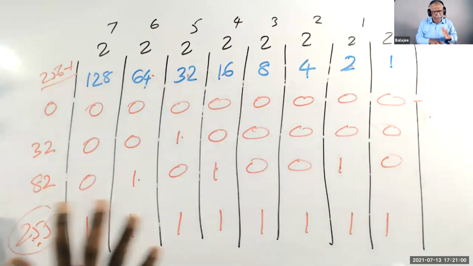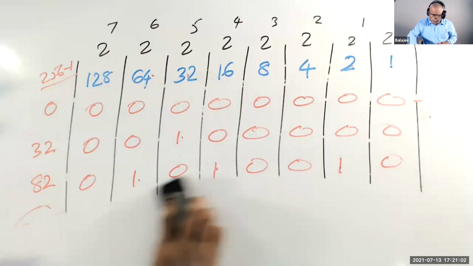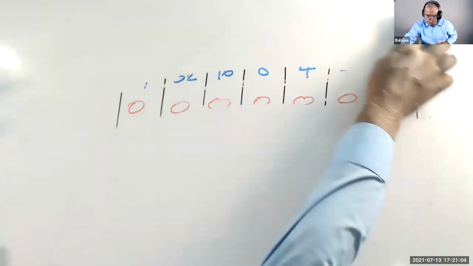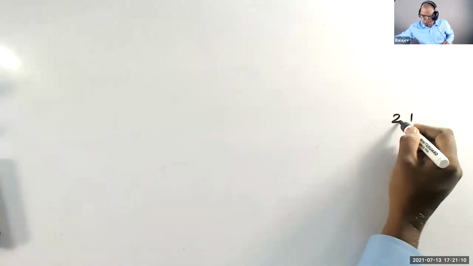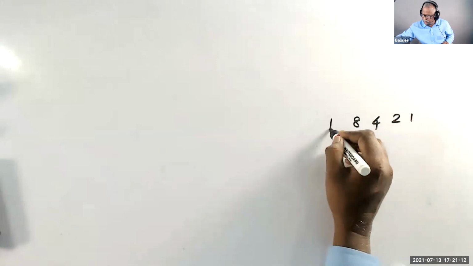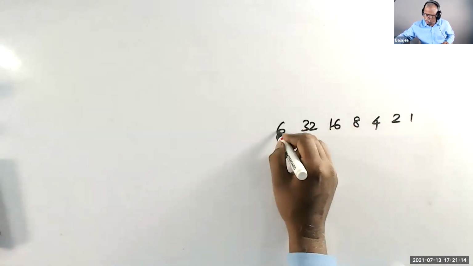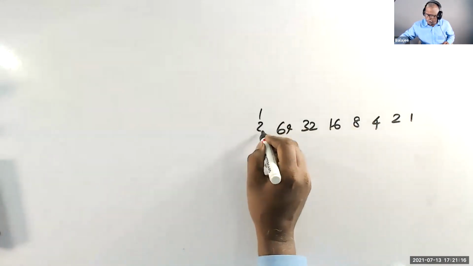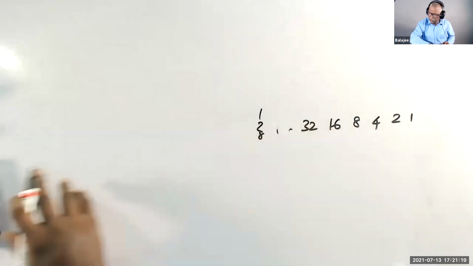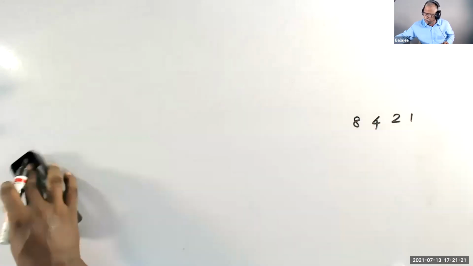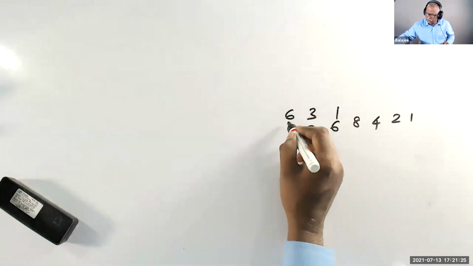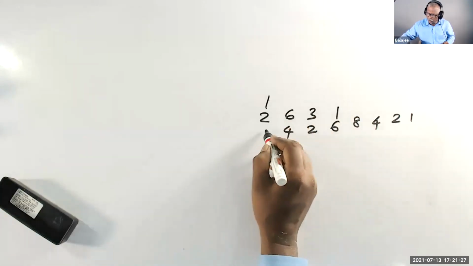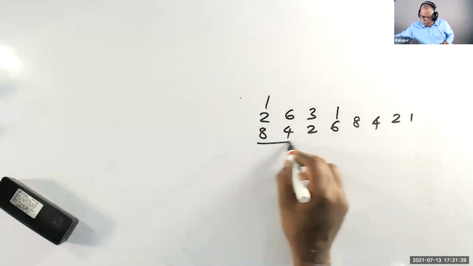And you can have any big number. For example, here we have a big digit, and we can have any big number. We can have 1, 2, 4, 8, 16, 32, 64, 128. This is for 8-bit.